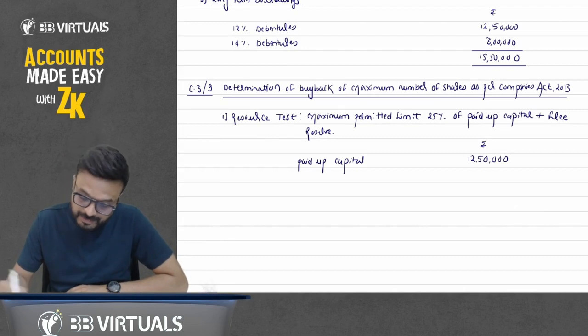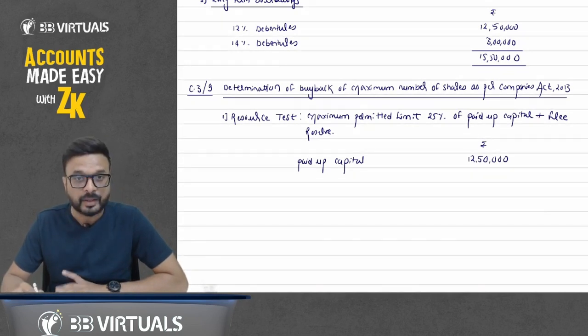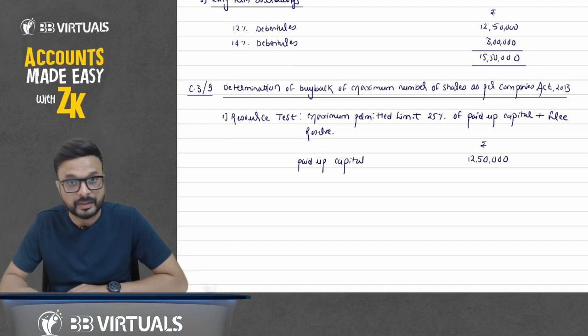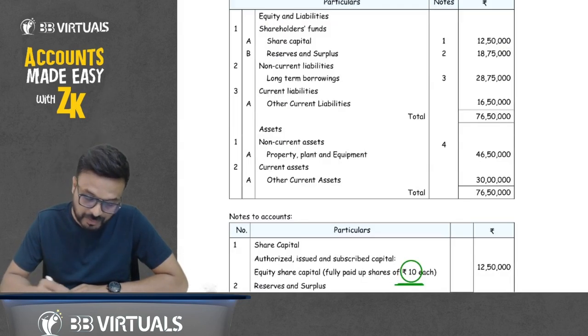Plus free reserve. Remember one thing: whenever I say free reserve in this chapter on buyback of shares, as per the Companies Act, free reserve also includes the securities premium account.